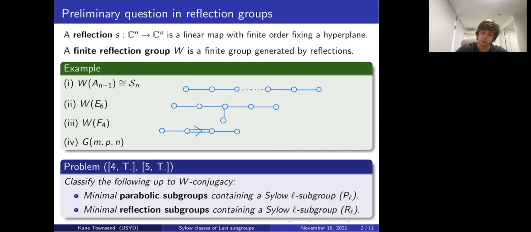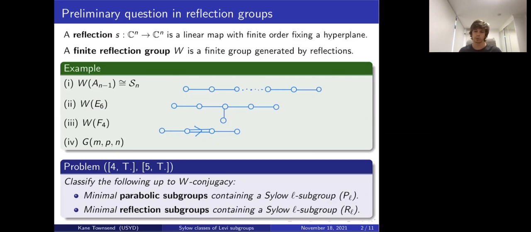And if you've got a double edge, that means that the product of those two reflections is order 4.